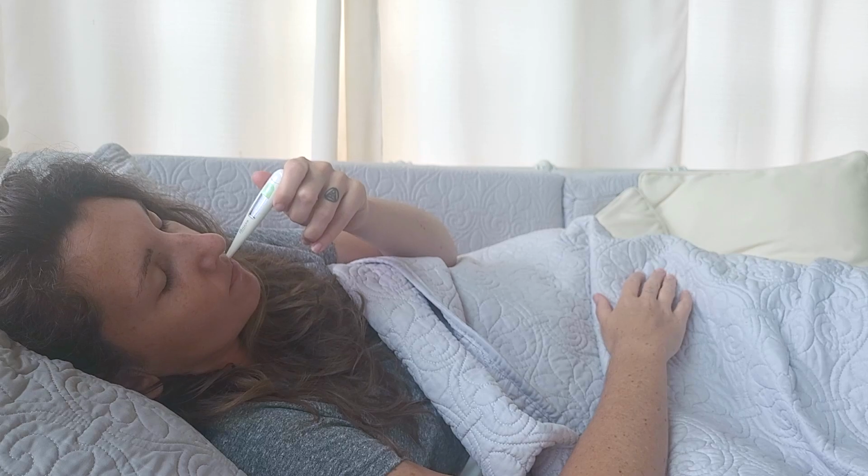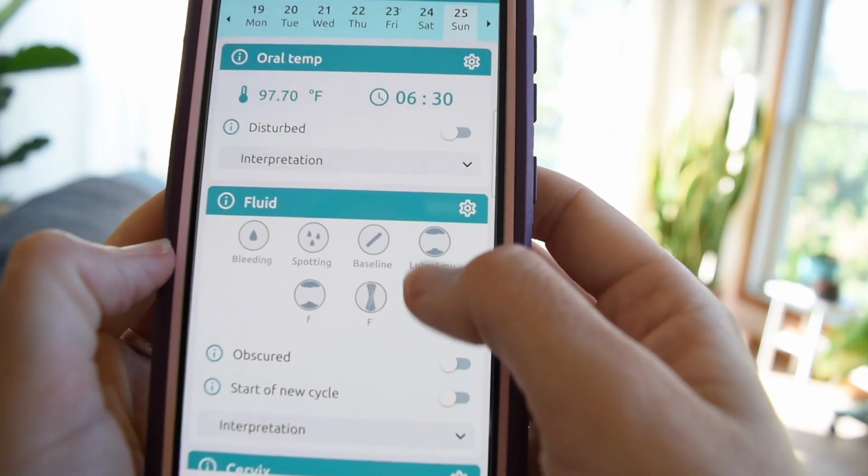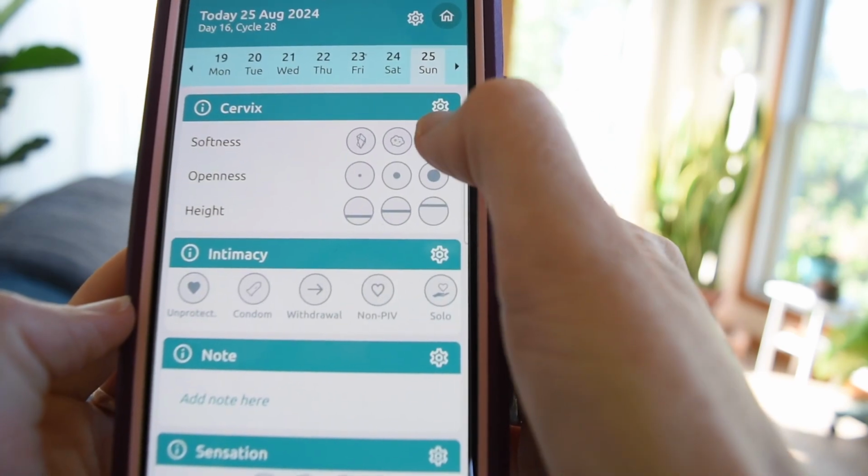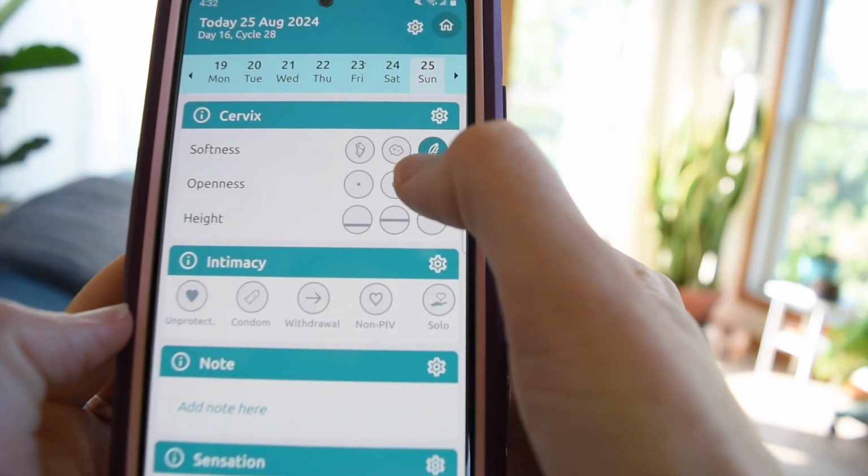So I teach people how to track different biomarkers, including basal body temperature, cervical fluid or vaginal secretions, and then an optional cervix technique. We also focus a lot on daily observation and being able to confidently identify where you are in your cycle every single day.